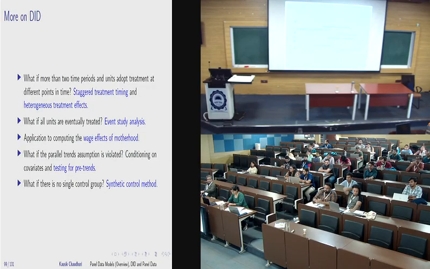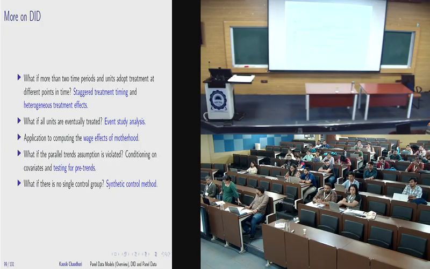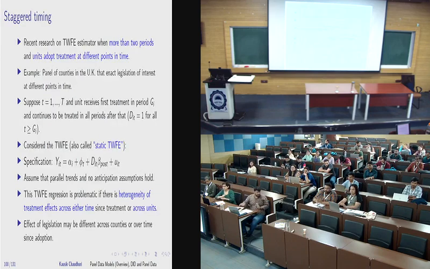I'm going to give you a very simple application on wage effects of motherhood, and then think about what if the parallel trend assumption is violated. So I'm going to condition on covariates and then test for pre-trend. Finally, I'm going to talk about what I call the synthetic control method, but perhaps not today, when I do propensity score tomorrow.